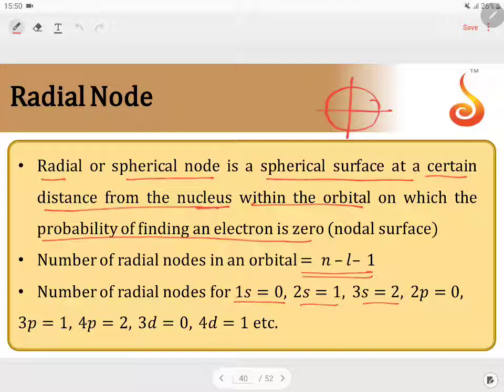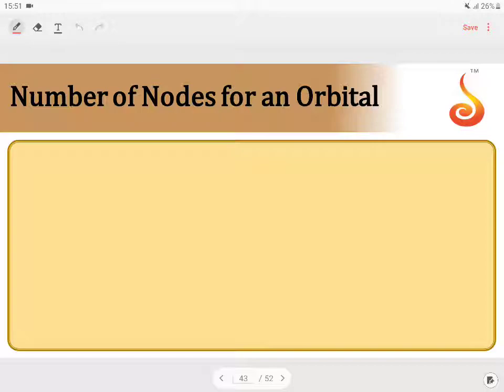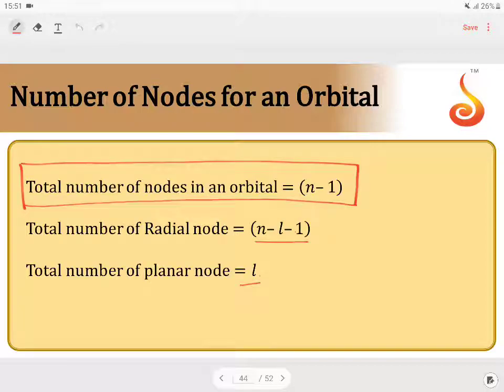Similarly, radial node is a certain distance from the nucleus, a region around the nucleus where the probability of finding electron is 0. The total number of nodes will be equal to n minus 1. So radial node is n minus l minus 1 and angular node is l itself.